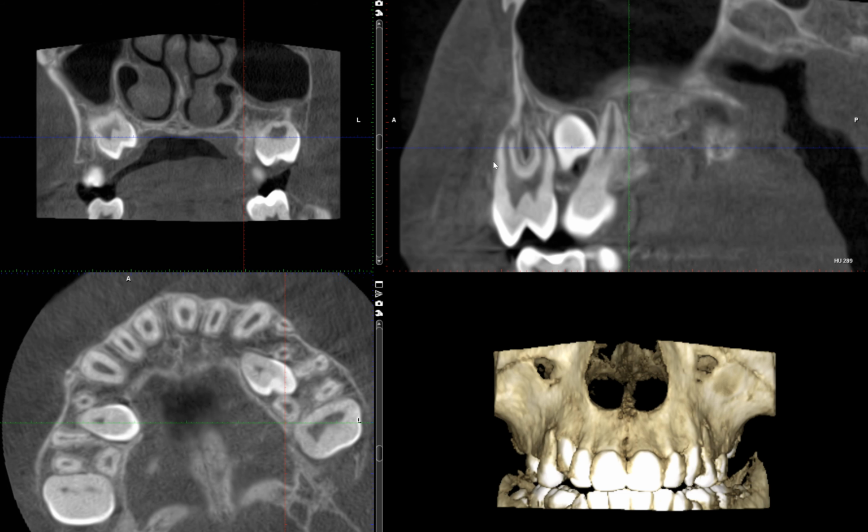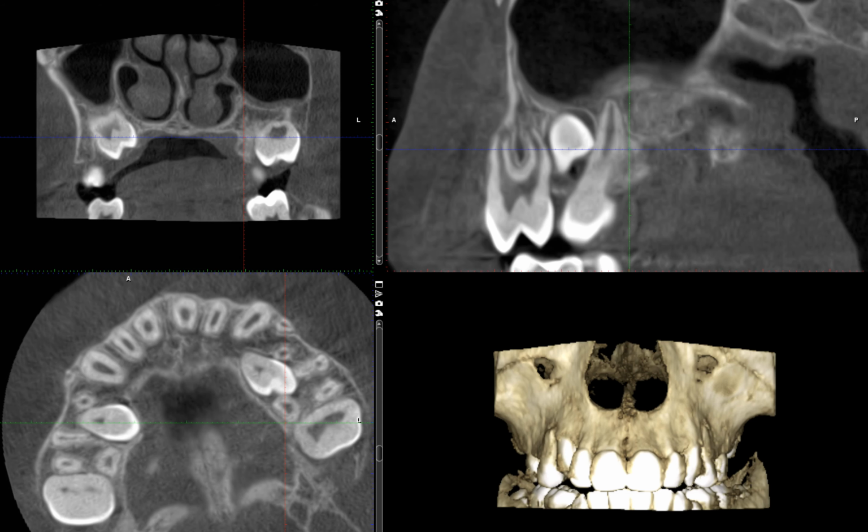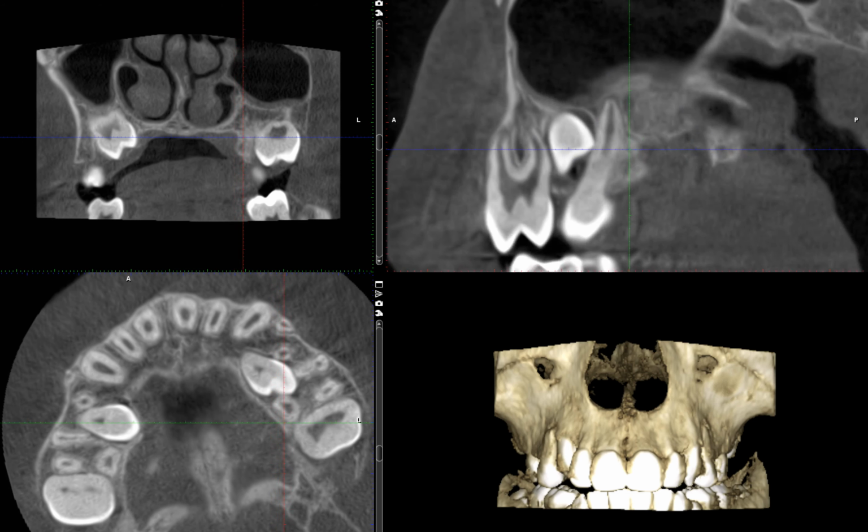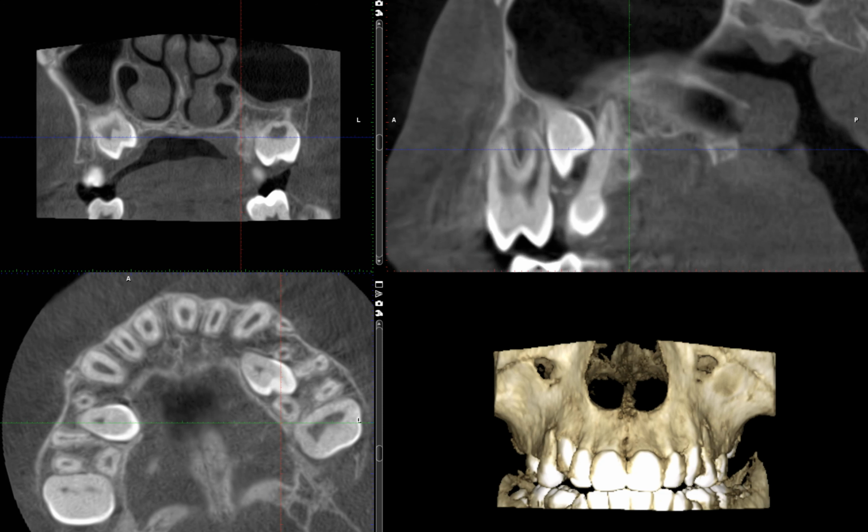So that's what you're seeing here. This is number 12, 13, and 14. As I scroll through left and right, this is the site of contact. And once again, I did not think there was any significant root resorption at this site.